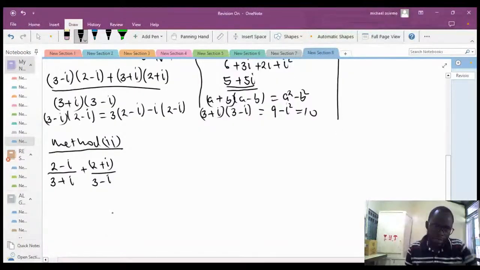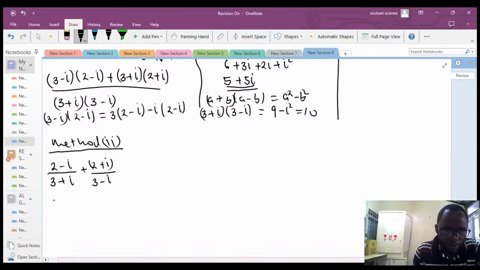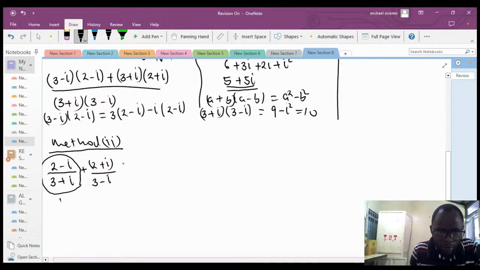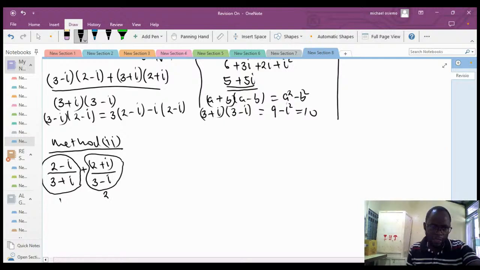Maybe we could have started by solving the first part. So let us call this one here part 1, and then we call this one here part 2. If you do it like that, let us rationalize part 1.